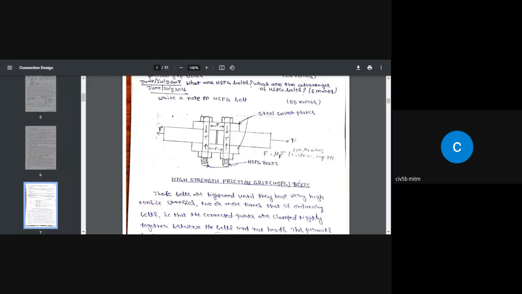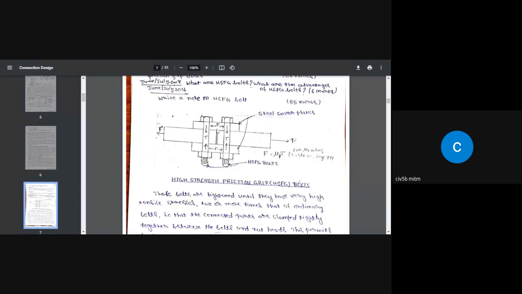So we are not transferring the load through any bearing, and the function of the bolt is to apply compression on these plates, not to transfer load, but to develop friction between the steel cover plates and the 2 main plates.